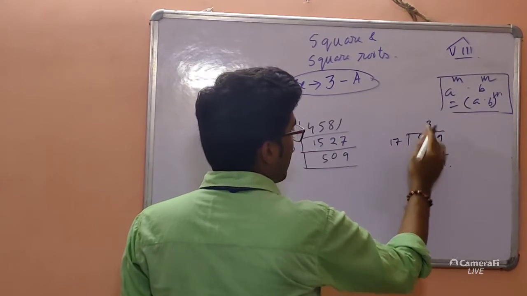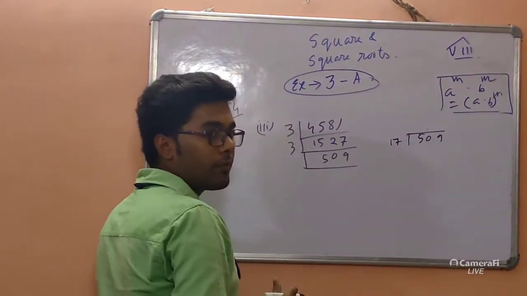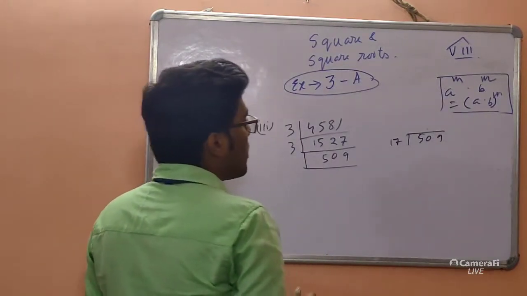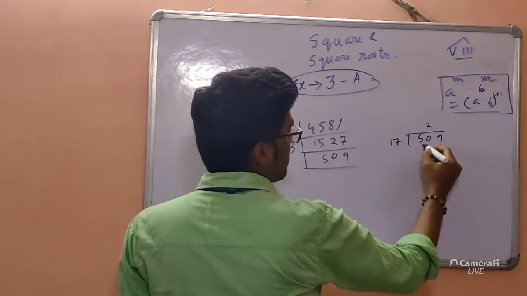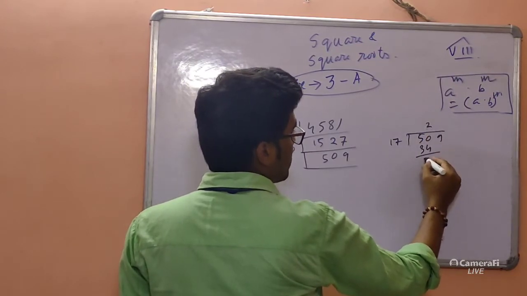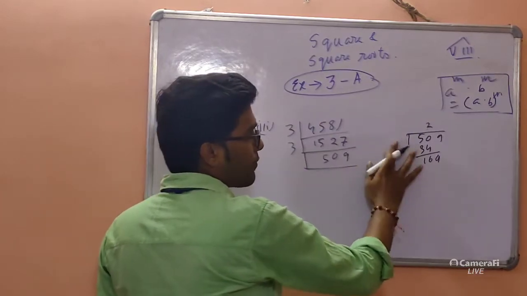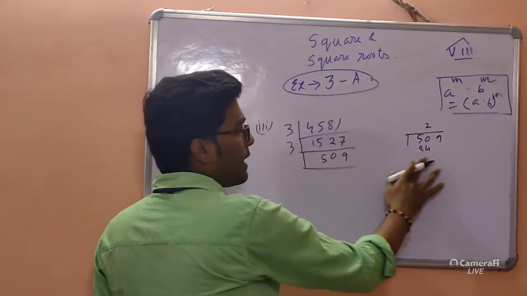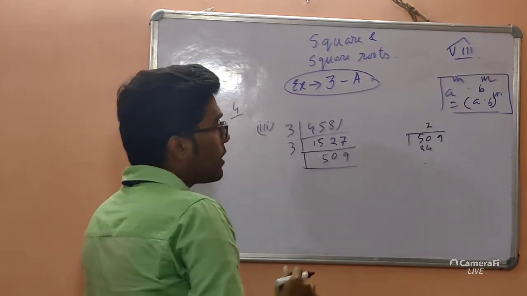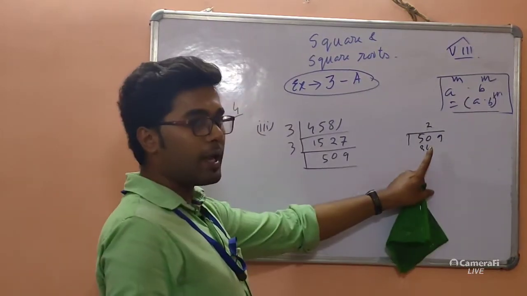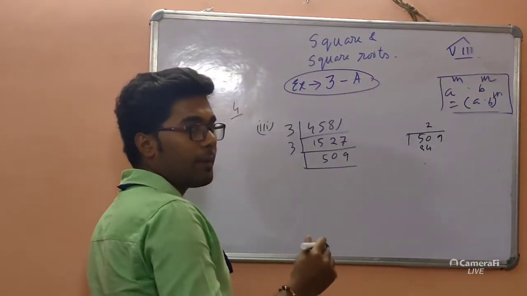Let us divide by 17. It is not going. Let us check by 19. Let us check if 509 is divisible by 19.